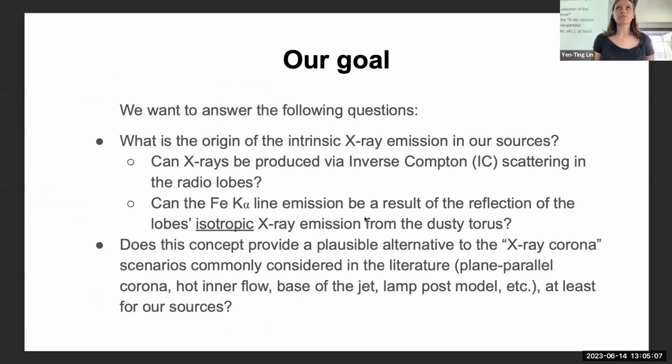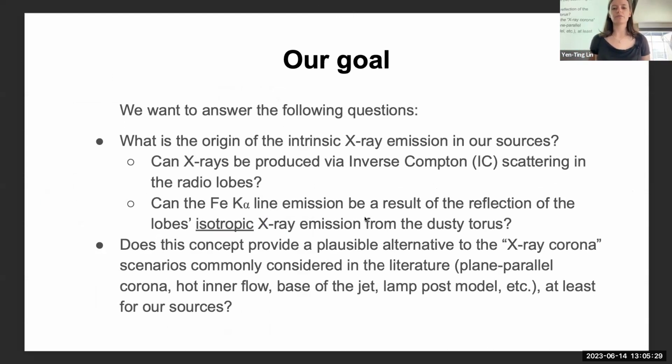Our goal was to check if the scenario in which the inverse Compton scattering occurs within the radio lobes is viable, instead of the commonly considered scenarios of the X-ray corona as the lamppost model or the base of the jet model.